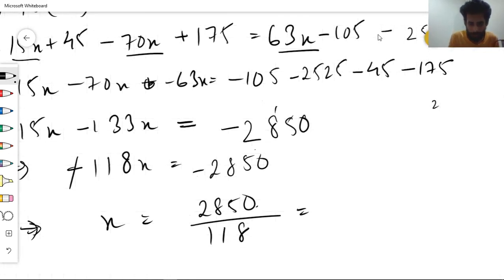So let's divide it by 2 first of all. When we divide it by 2, it will be 59, and this one will be 1425.